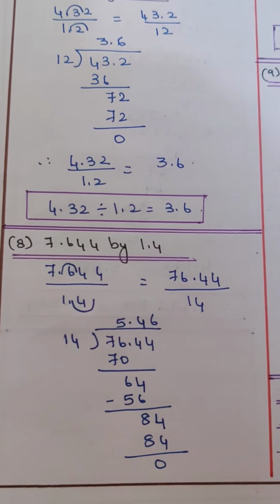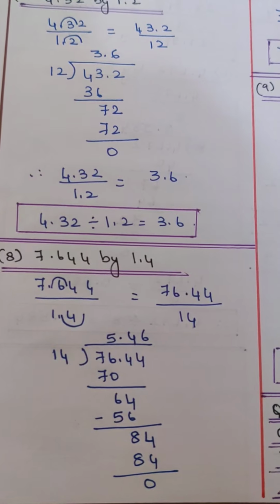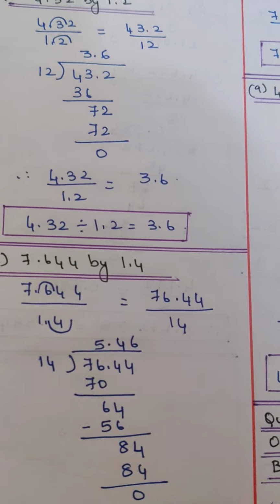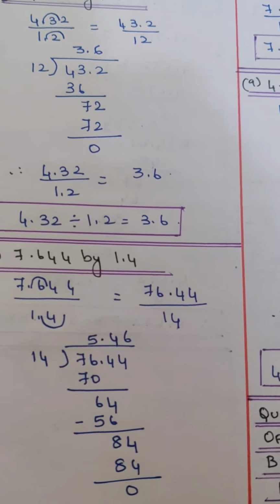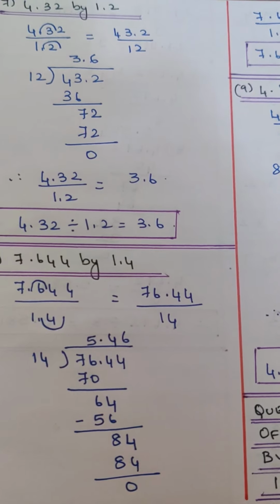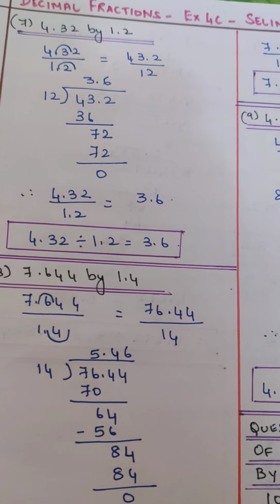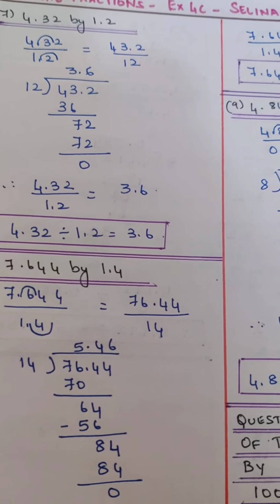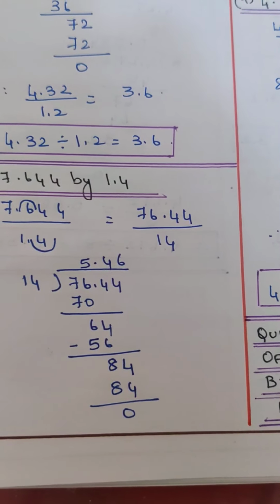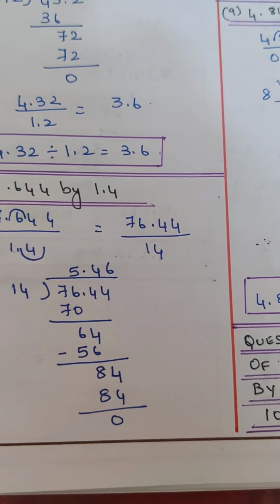Eighth one, 7.644 by 1.4. Since I am going to get the denominator without the decimal point, I move 1 point from left to right, and therefore I do the same thing on the numerator. Therefore it becomes 76.44 divided by 14. When you divide 76.44 by 14, see the calculation I have done. 5s are 70, the remainder is 6.